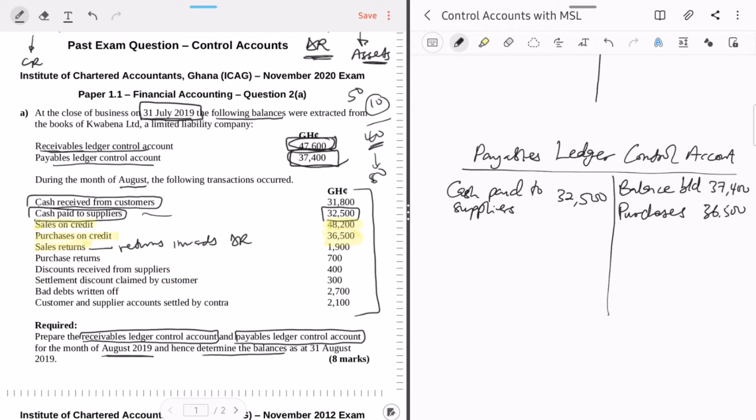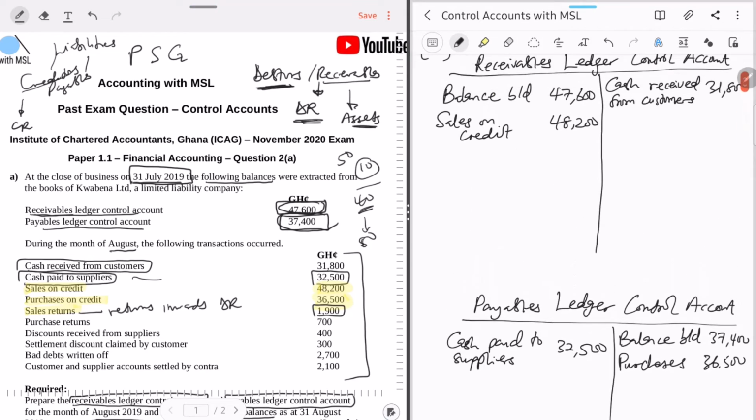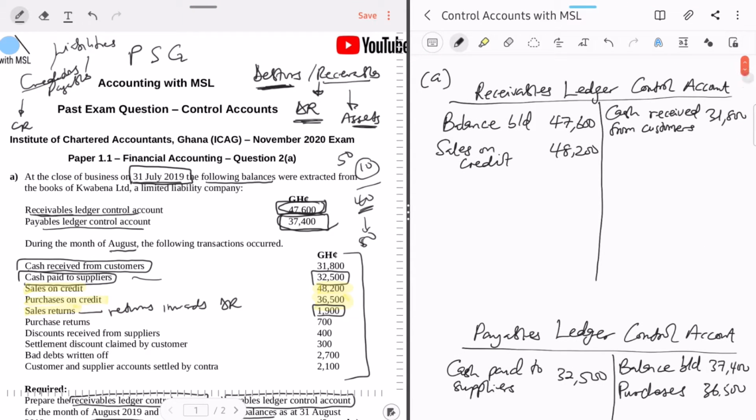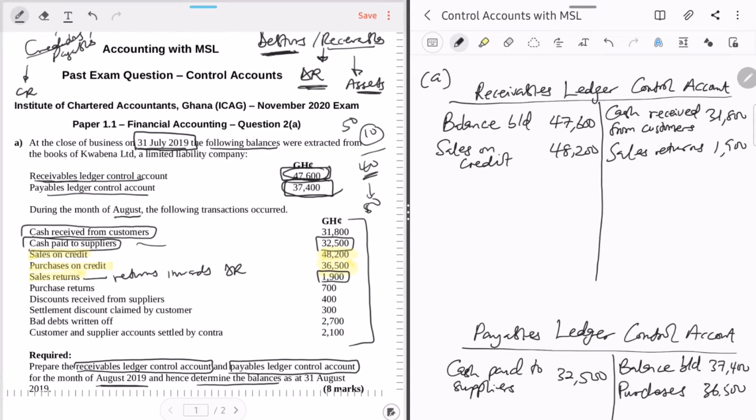The figure of 1,900. Then, because it relates to sales, the credits will come toward my receivables ledger control account. So I just say sales returns of what? 1,900. The next is purchase returns.